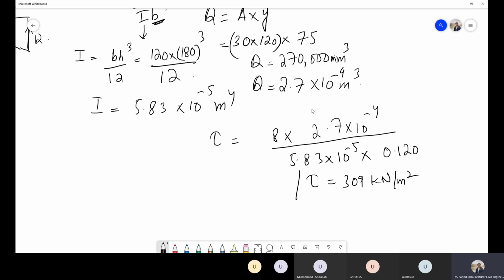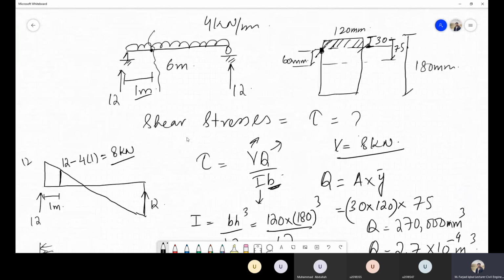So this is how you calculate the stresses at any particular point. In this question, I just asked to calculate the shear stresses. In the next class, we will solve one problem of the combined stresses. Even in this one, you see that there is some value of bending moment at this particular point, so there are normal stresses as well.